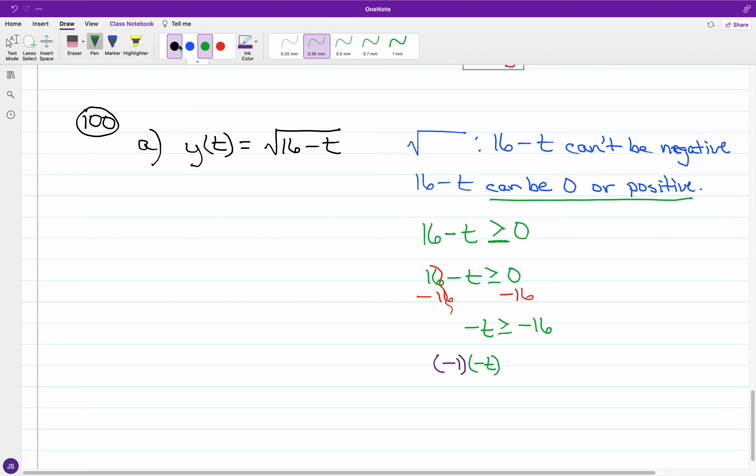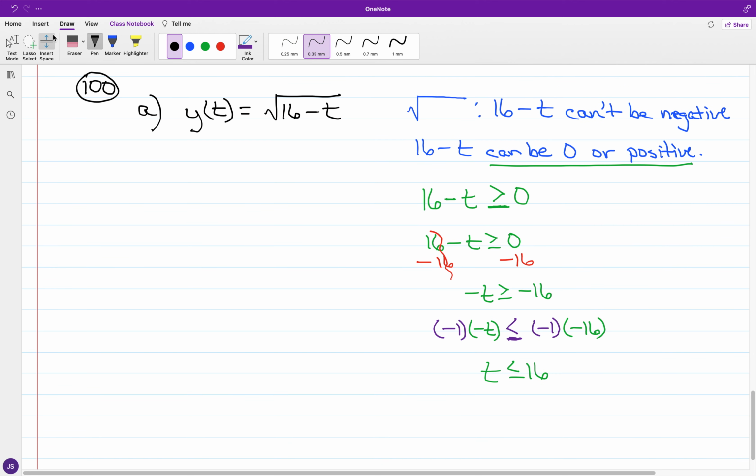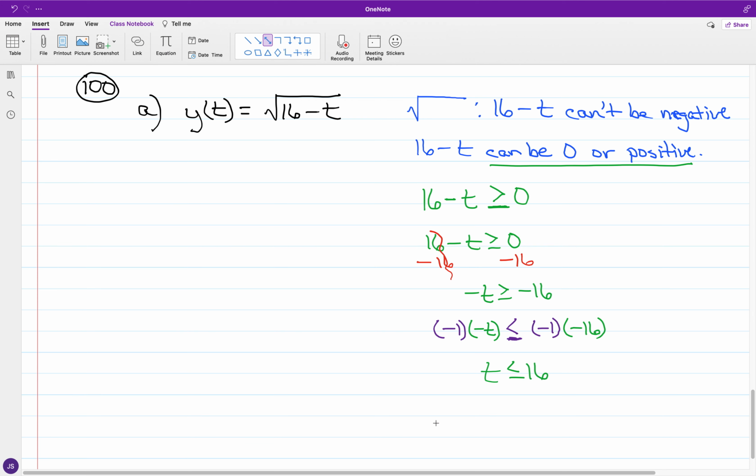And upon doing so, if I multiply or divide by a negative, the direction of the inequality will flip. So we have negative 1 times negative t is t, and t is going to be less than or equal to positive 16.